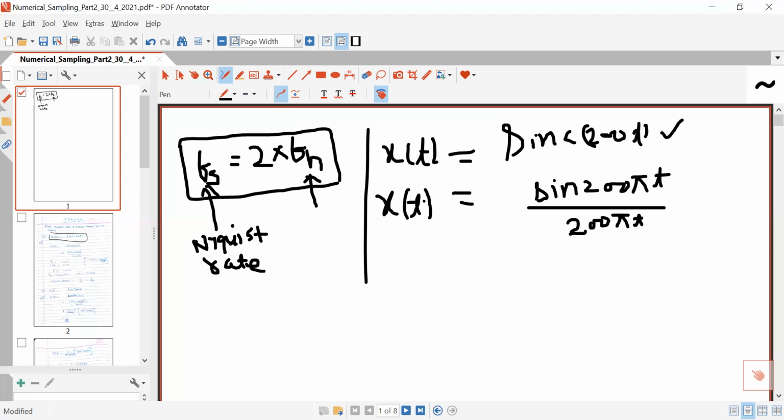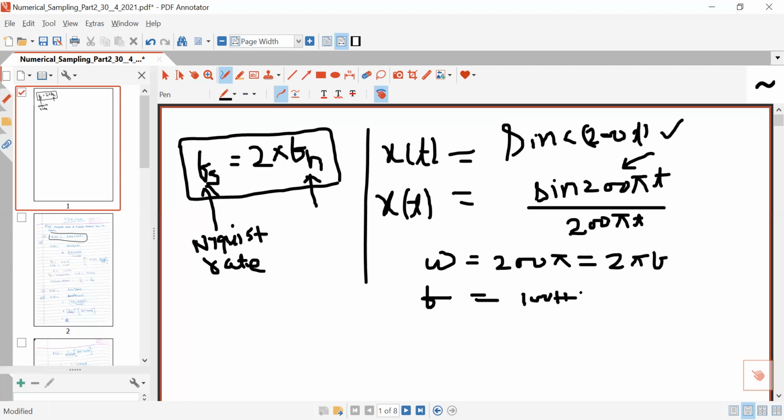You can see that this signal consists of one sinusoidal term only, and here omega is 200 pi. So you can find the frequency of this signal, which will be 100 Hertz. Obviously, this signal has only one component, so this will be the highest frequency component present in the signal.